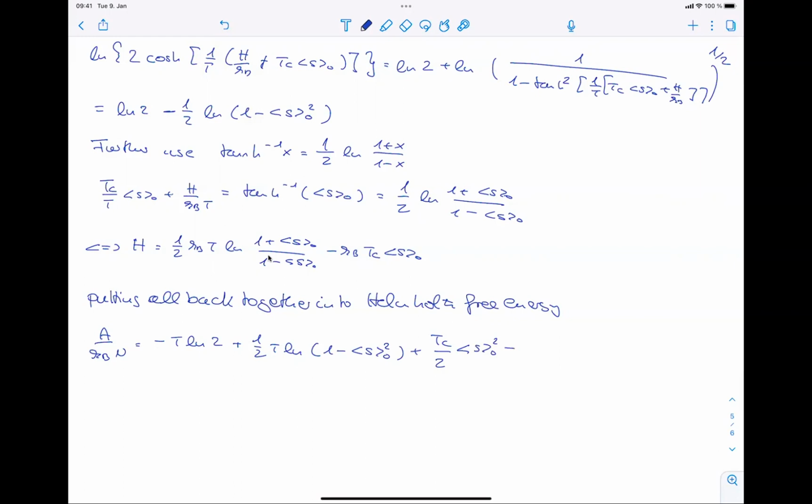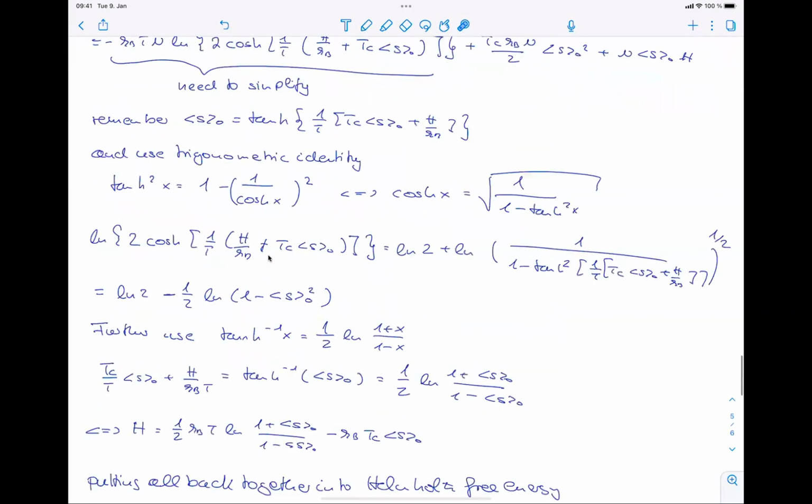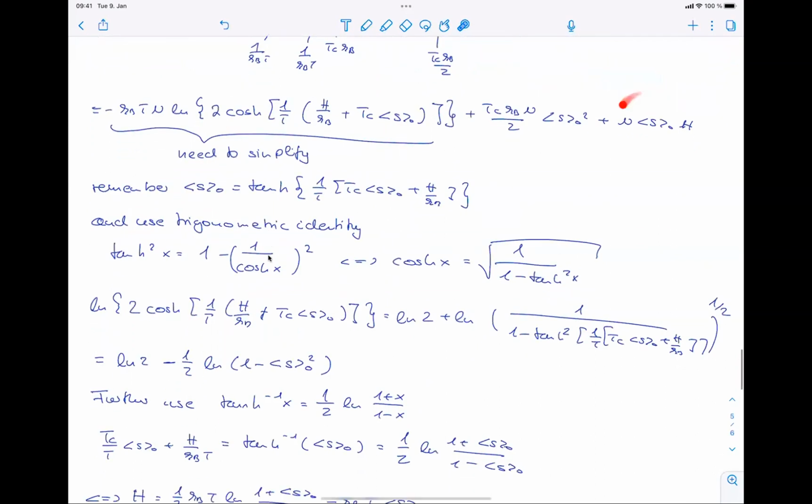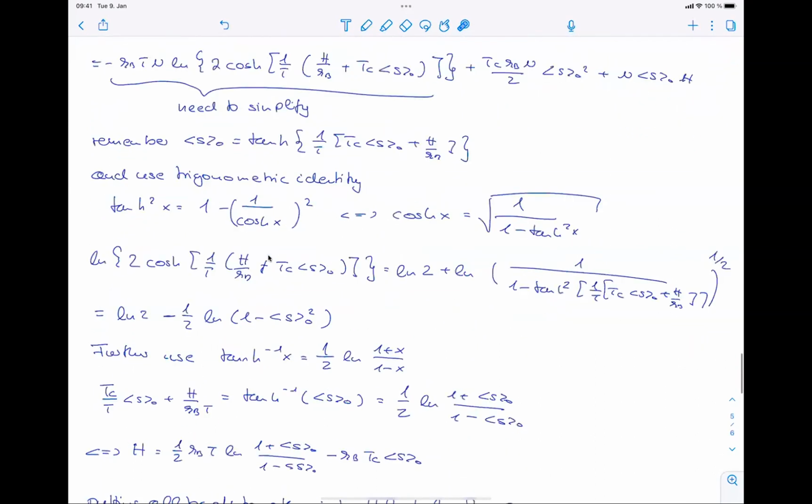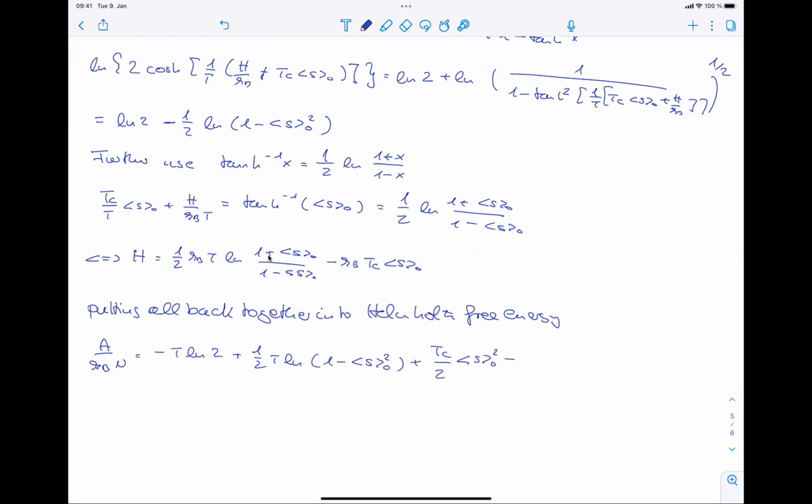And then this is this term, right? And now if I plug in this relationship I found for the applied field, we get minus Tc s squared plus T ln of 1 plus s.